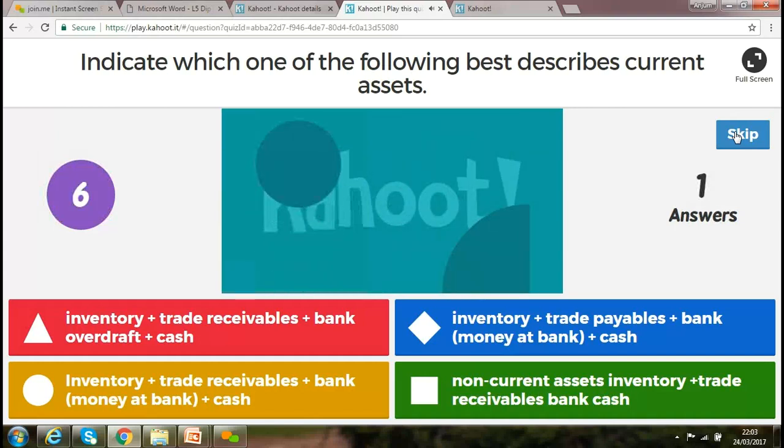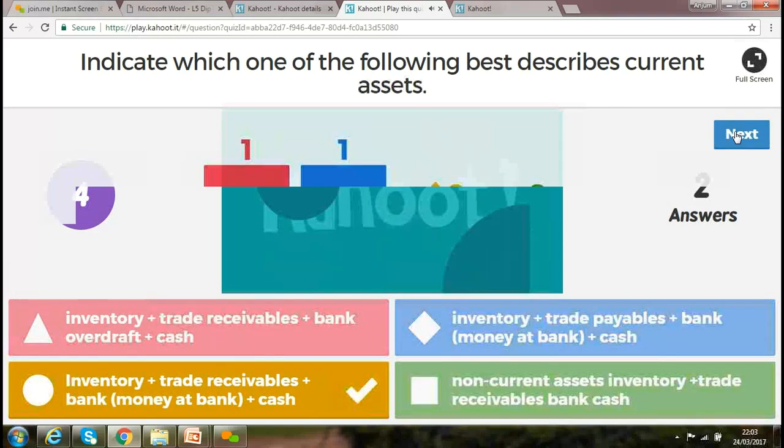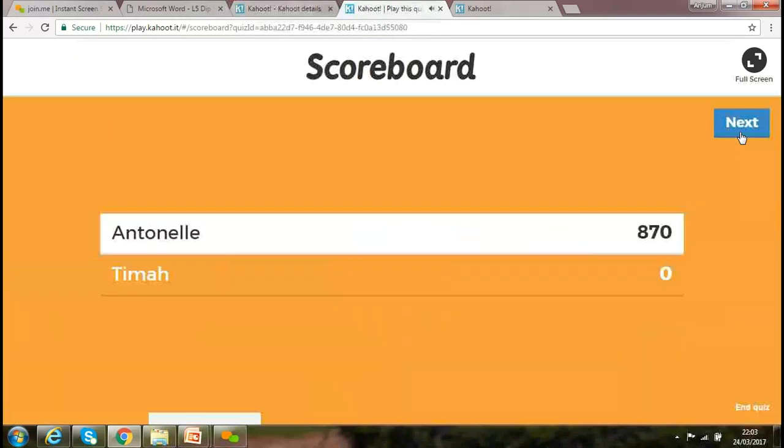Current assets. Okay. So, inventory, receivables, all is inventory, prepaid, cash. Those are current assets. Yes. Okay.